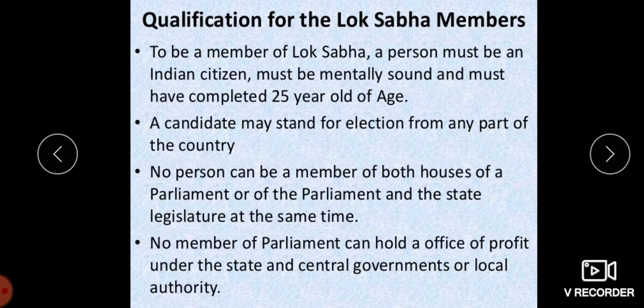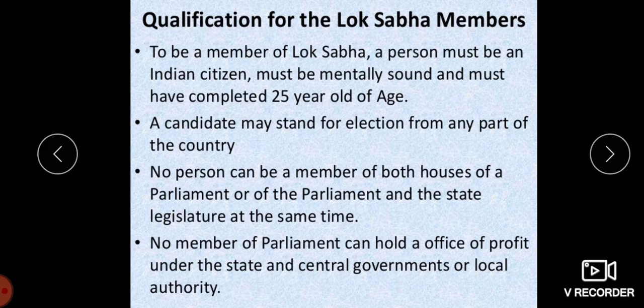Now the composition. How is the composition of the Lok Sabha? The maximum strength of the Lok Sabha as provided by the constitution is 552. Out of this, first, not more than 530 seats shall represent the states.